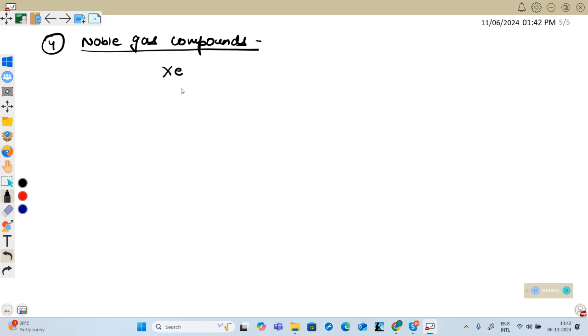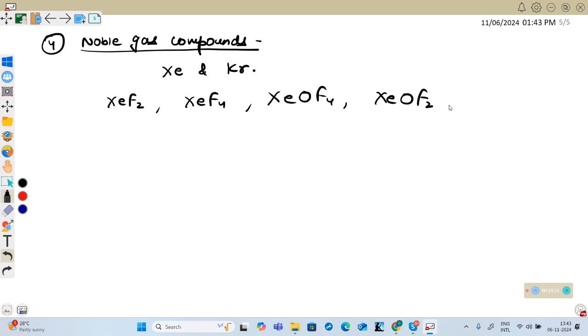So it's easy to make compounds of xenon and krypton. Xenon difluoride, xenon tetrafluoride, XeOF2, XeOF4 and krypton difluoride etc. They exist. Expansion of octet is taking place definitely.